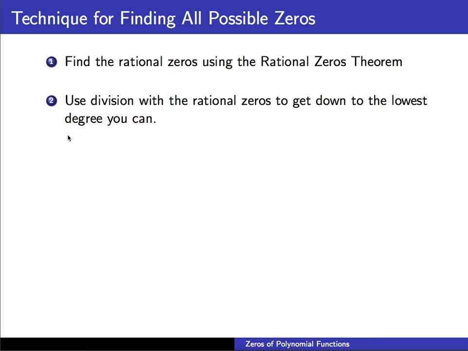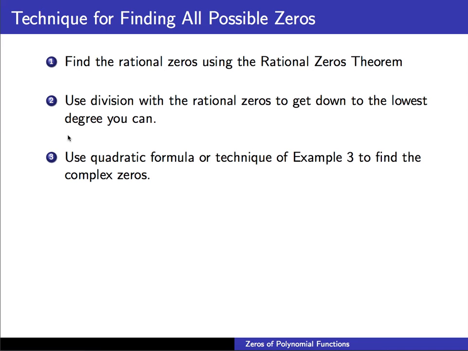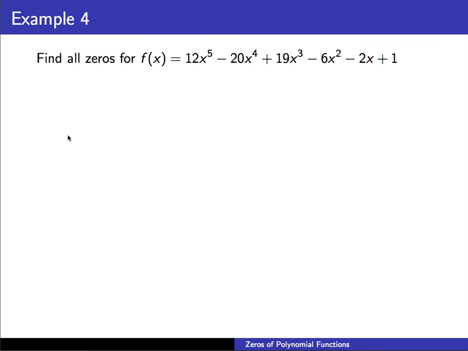So we're going to take any rational zeros that we have and whittle away at the polynomial, knocking it down a degree each time we use division. And then we can use the quadratic formula, or maybe the technique of the example in the last tutorial video where it was in quadratic form, to find the complex or irrational zeros as well.